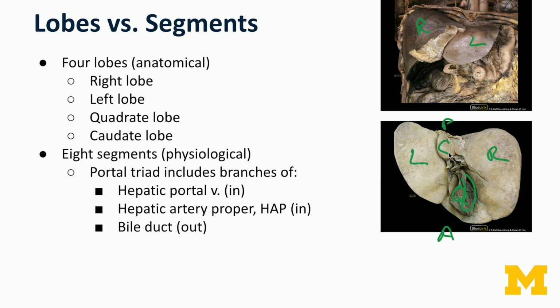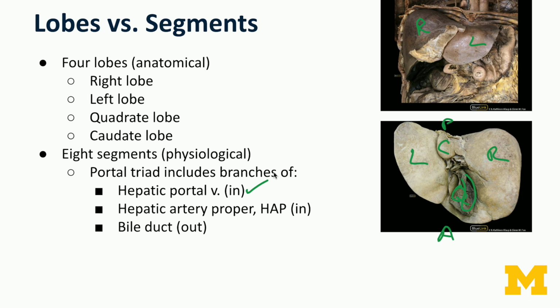So these are functional units of the liver, which has branches from the portal triad. The portal triad's major constituencies include the hepatic portal vein, which brings blood into the liver from the digestive tract. So all of those absorbed nutrients from the gut tube are coming in through the portal vein.